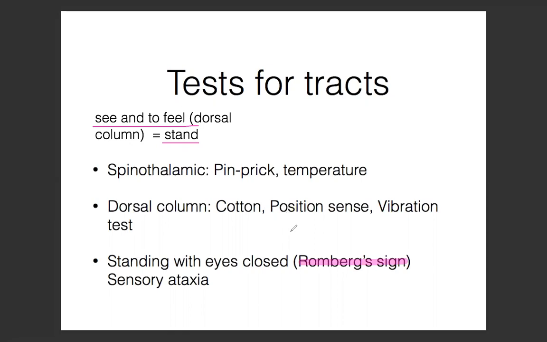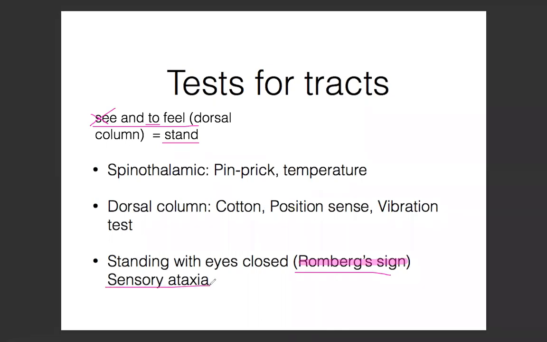So the idea of the Romberg sign is that you ask the patient to stand and close their eyes. Therefore, you eliminate seeing and you can test if they can feel it only with their dorsal tract. If they can still stand, they're good. If they can't stand the moment they close their eyes, we call it sensory ataxia.